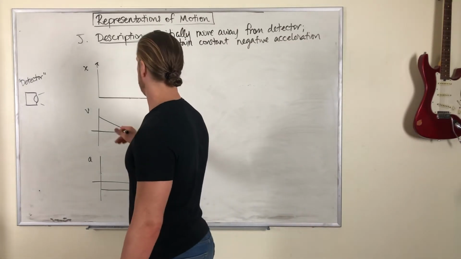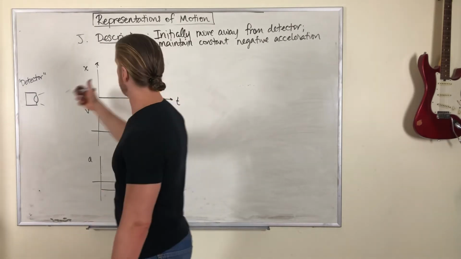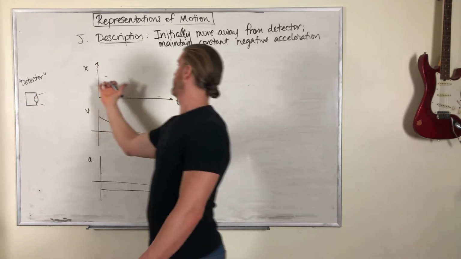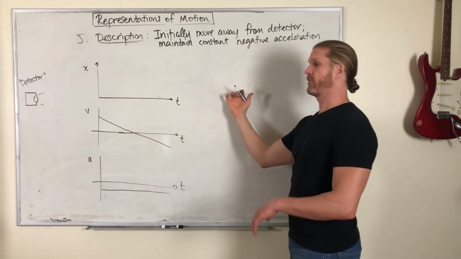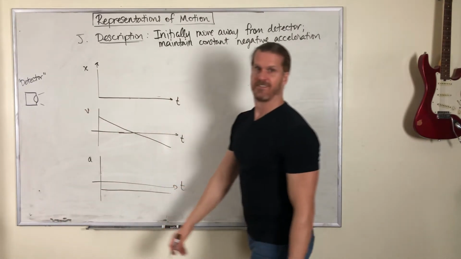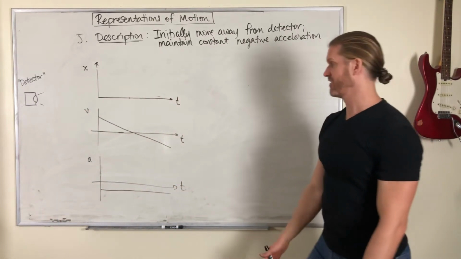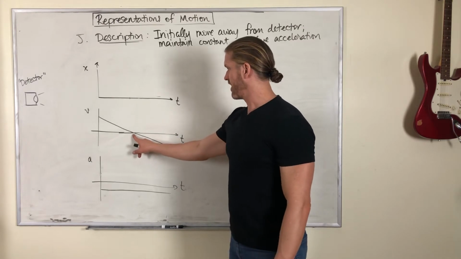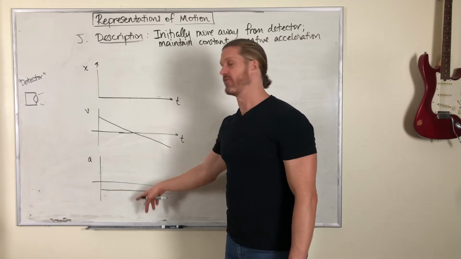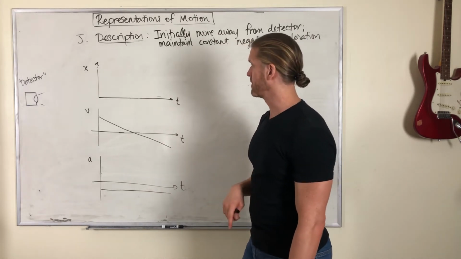Because what is going to happen here is if we initially move away with negative acceleration, you start out fast, you slow down, come to a stop, and then move toward the detector. So now we've got this negative velocity moving toward the detector. Acceleration is still negative, so your speed is increasing.